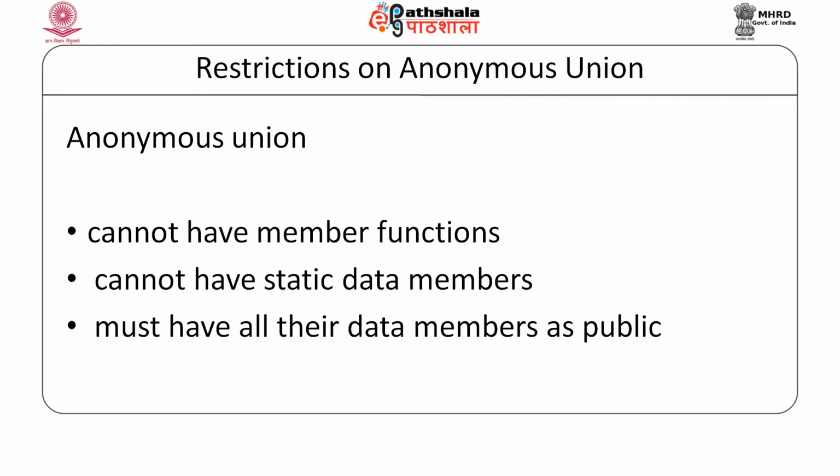What are those? An anonymous union cannot have member functions, that is, an anonymous union can only have data members. It cannot have a static data member. In the next module we will see what a static data member is, but in an anonymous union we will not be able to have one. And in an anonymous union all the data members must be declared as public.